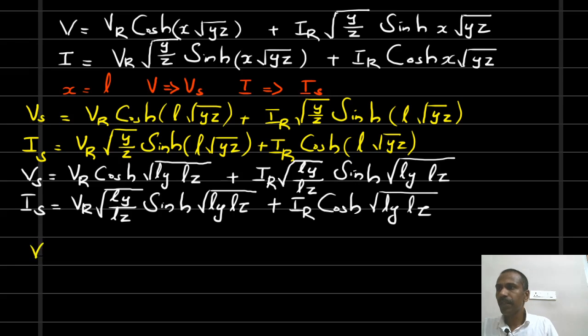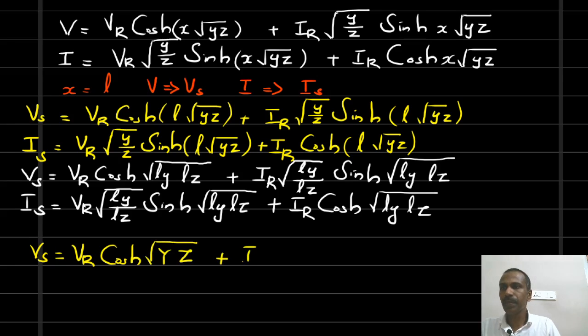The voltage equation Vs becomes VR into cosh root of YZ, Y the total admittance, Z total impedance, plus IR into root of Z by Y into sinh root of YZ.